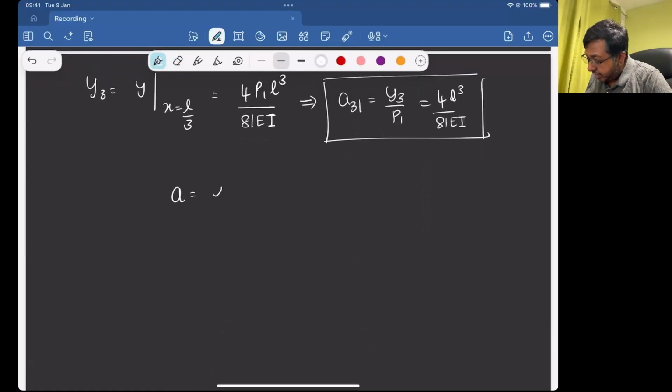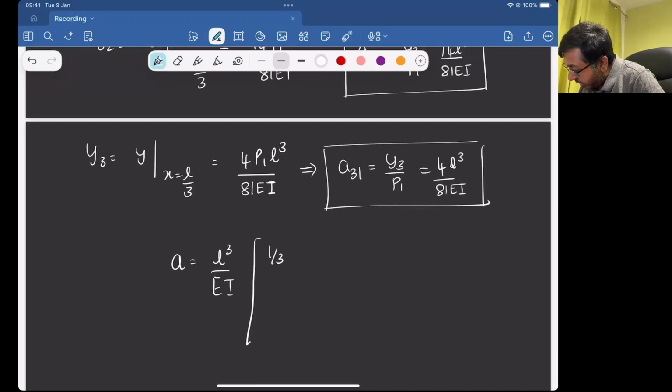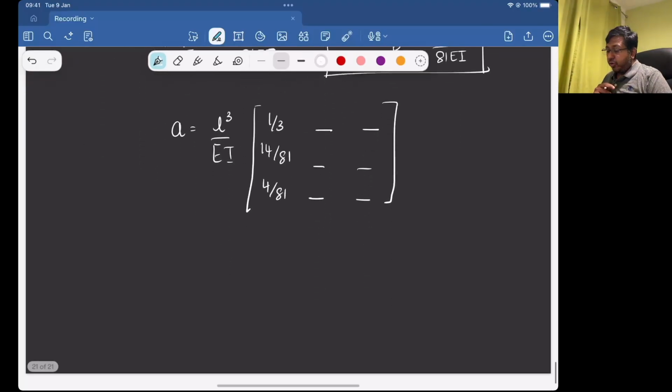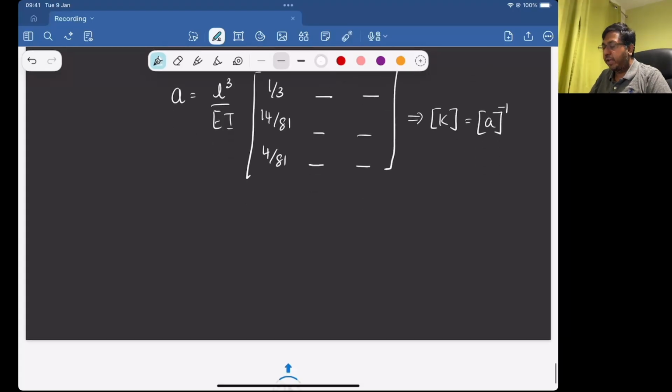In the first column I have 1 by 3, 14 by 81 and 4 by 81. I still need to fill several things; as we go along, we'll fill them. Once I have a full matrix, I can get my stiffness matrix, which is what I need for my equation of motion, by taking the inverse of the flexibility matrix.